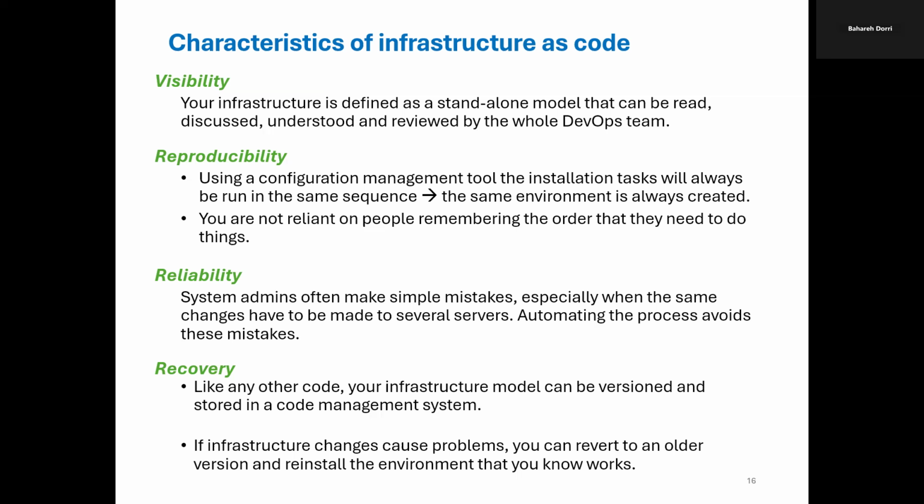Version it, store it in Git, and roll it back if needed. So if a new configuration breaks something, no problem. You just revert to an earlier version that you know was working and just apply it. This kind of control and consistency is exactly what makes infrastructure as code so powerful in modern software delivery.